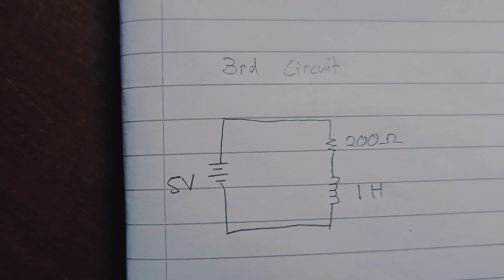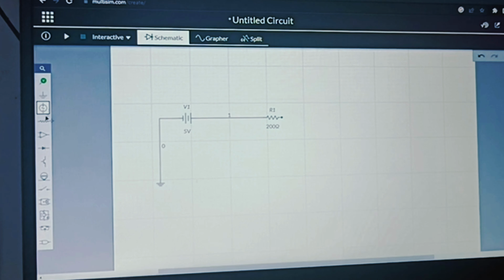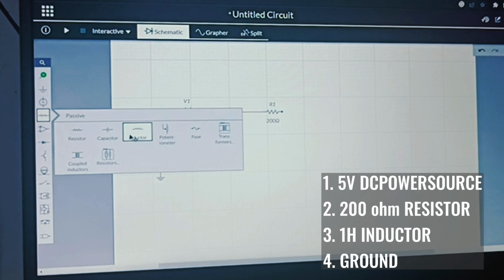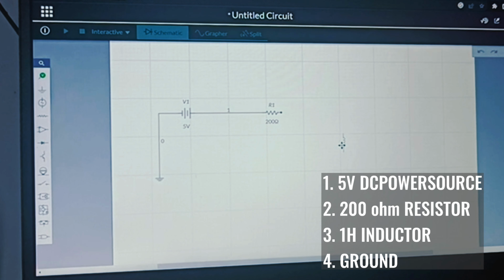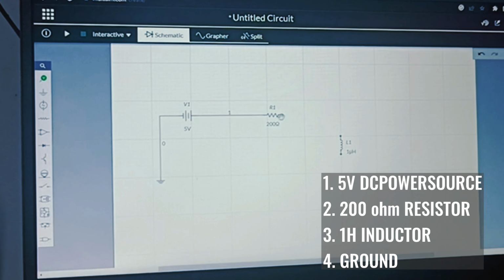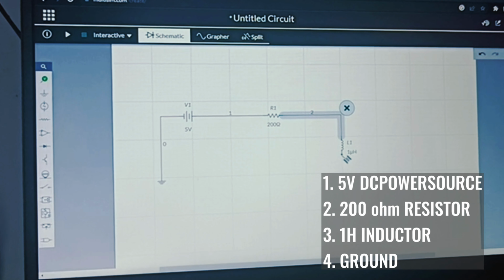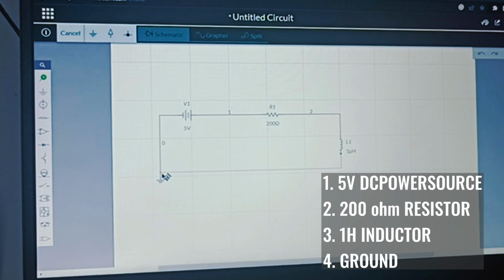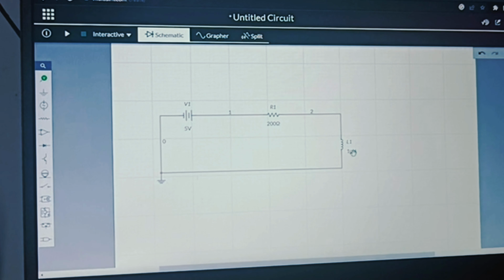For the third circuit, which is the inductor circuit, we use 4 elements too: a 5V DC power supply, a 200 ohm resistor, and a 1 Henry inductor with ground. We connect all of them in series.